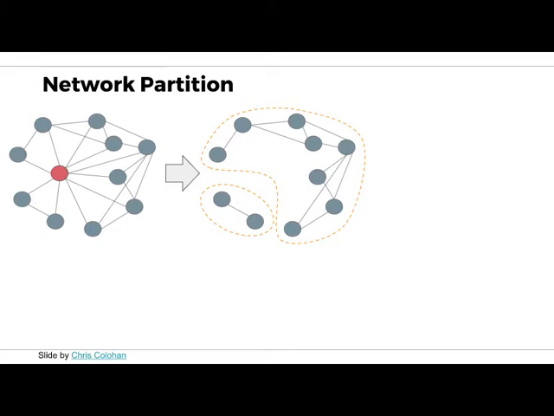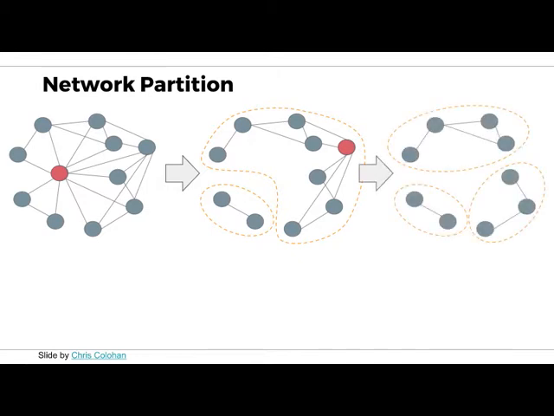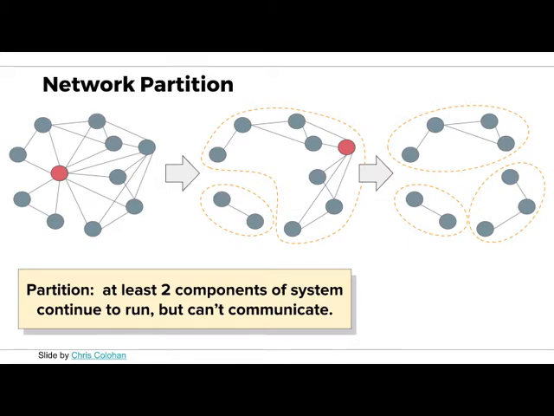This connected graph is separated into two subgraphs. And there can be multiple network partitions. If another node fails, we can get this disconnected graph, or graph of separate connected subcomponents. And between the partitions, the nodes cannot relay messages across those partitions. You can define a partition as at least two components of a system continue to run, but they can't communicate with each other.